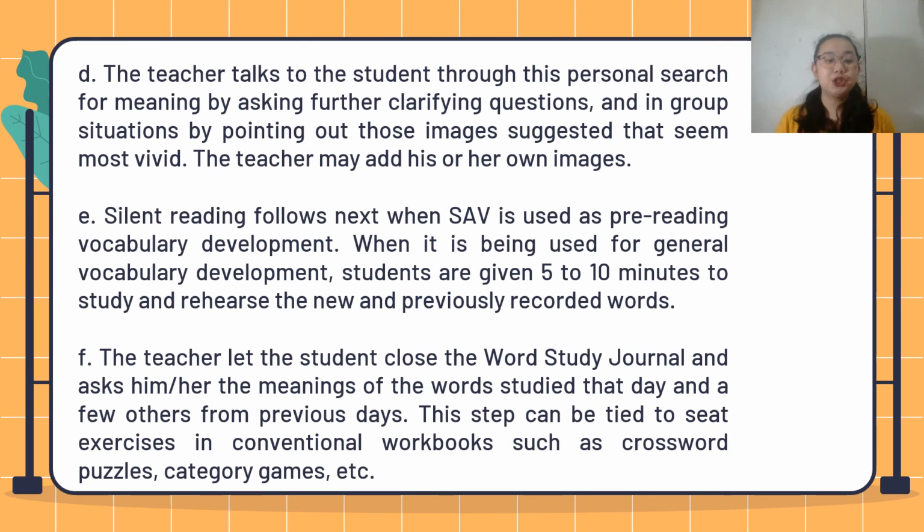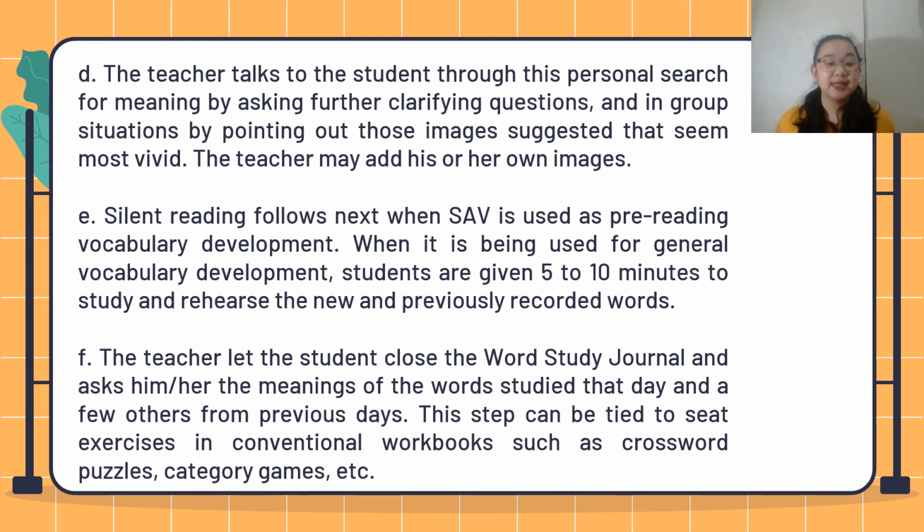Next, the teacher talks to the student through this personal search for the meaning by asking further clarifying questions and, in group situations, by pointing out those images suggested that seem most vivid. The teacher may add his or her own images.